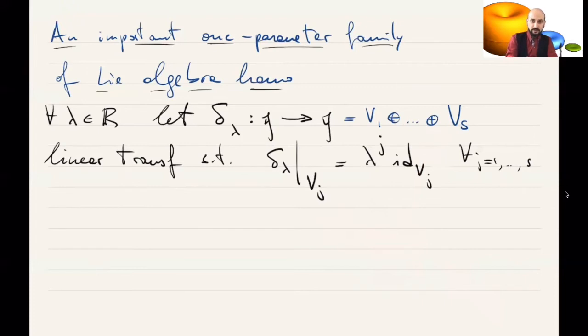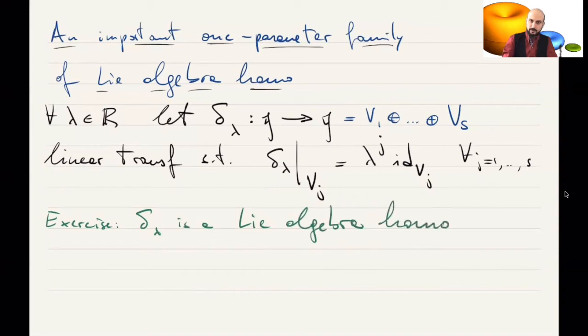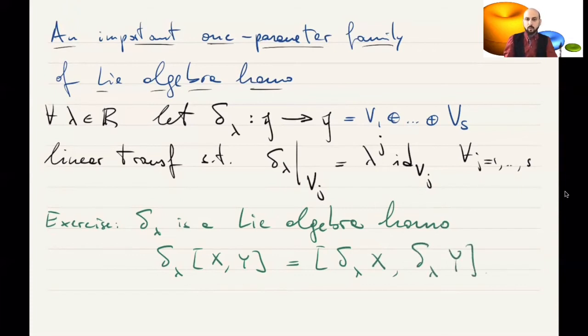All right, so why is this map extremely important? Because of this exercise that I leave to you: δ_λ is a Lie algebra homomorphism. In other words, δ_λ of the bracket [x,y] is equal to the bracket between δ_λ x and δ_λ y.